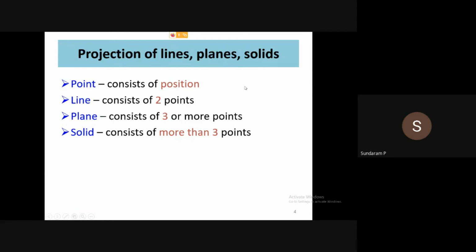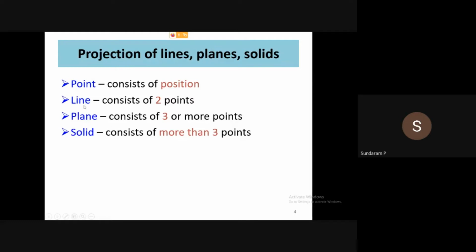So as already said, here we are going to discuss the projection of point, projection of point in all three quadrants, to understand all the projection methods as well as all the quadrants. For the projection of line, we are going to discuss only the first angle projection method, and the projection of plane as well as first angle projection method.